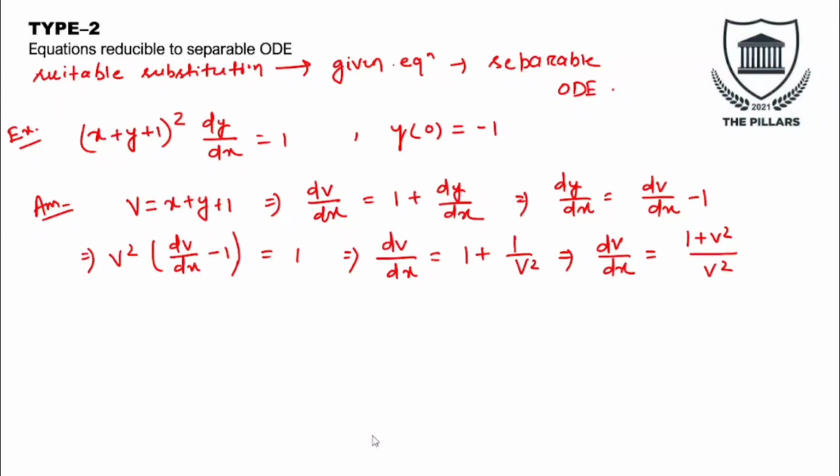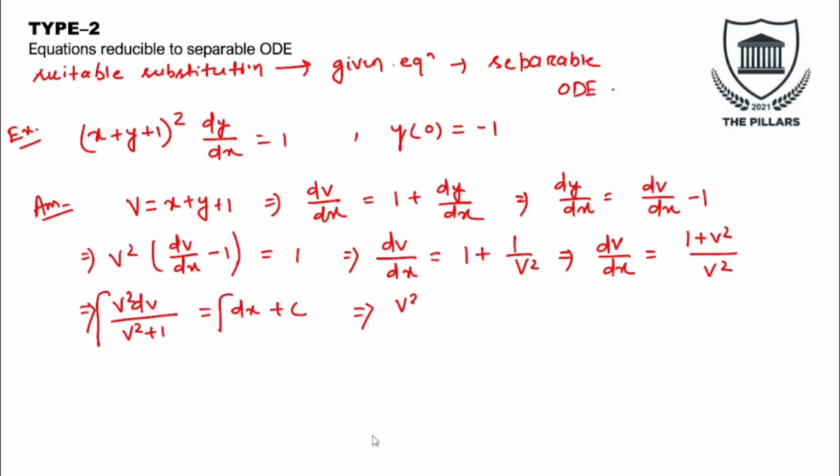Now we can separate the variables by taking all these terms to this side and this dx to this side. It will be v^2 dv/(v^2 + 1) is equal to dx. We can take the integral on both sides with an arbitrary constant, and here we can add 1 and subtract 1.